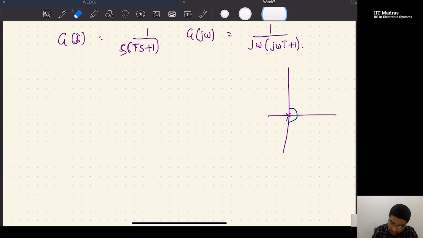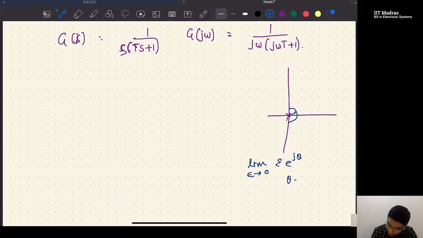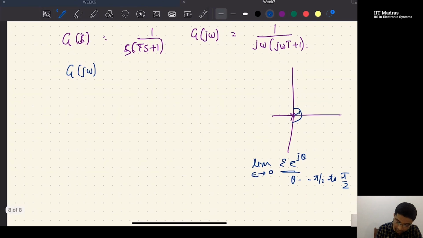The contour is epsilon e power j theta as epsilon becomes very small and theta goes from minus pi by 2 to plus pi by 2. I substitute this in place of j omega.